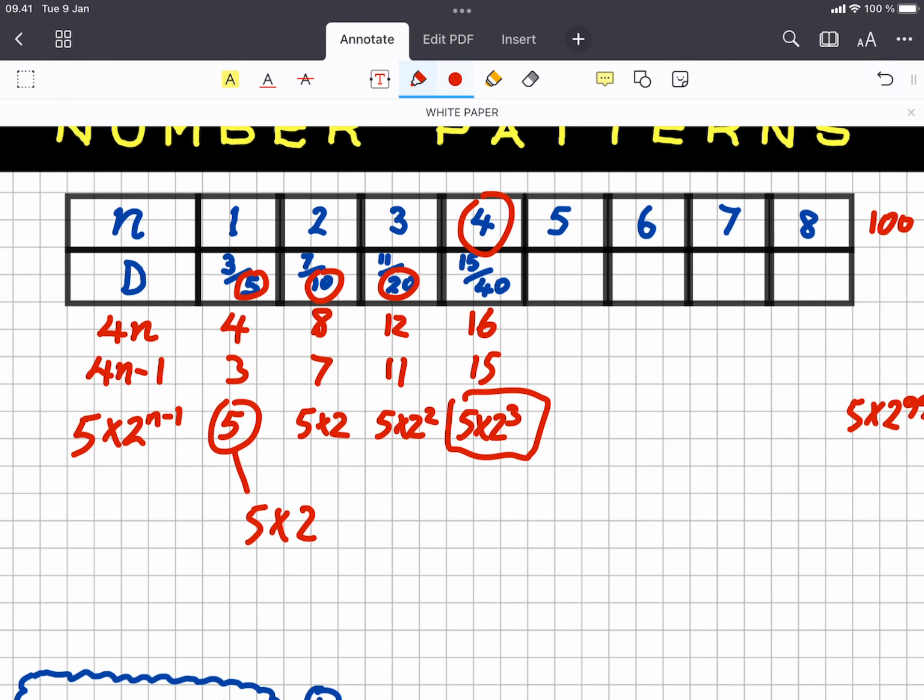But it means that we've managed to get ourselves a rule for the numerator, which is an arithmetic sequence, 4n minus 1, and a rule for the denominator, which is a geometric sequence, 5 times 2 to the power of n minus 1. So we've just got to combine both of those to get our rule for the whole thing.